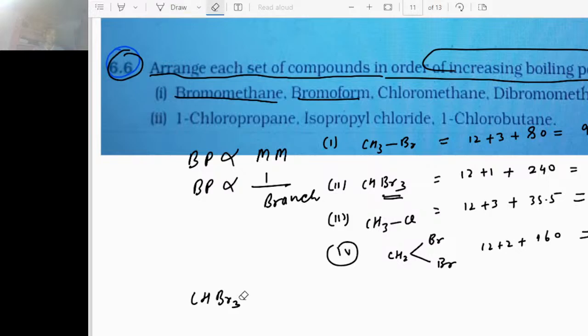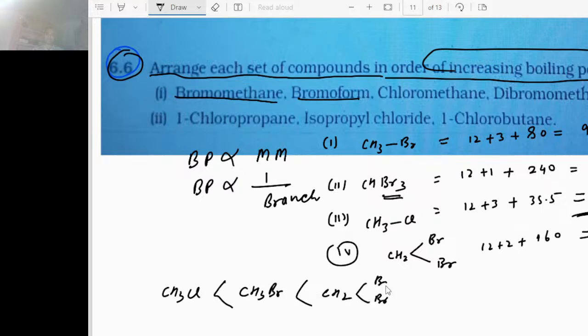What increasing order are they asking, student? Increasing order. So firstly you write down the least one, whichever has the least mass. This one is 50, so CH3Cl has the least mass, student. Then it will go 95, CH3Br. Then it will go 174, which is dibromomethane.